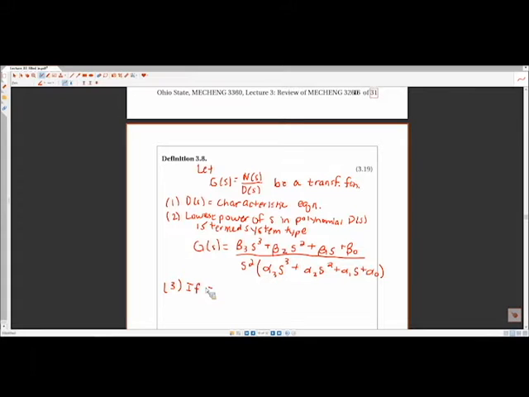So if the order of D of S is greater than the order of our polynomial N of S, we'll say the transfer function, I'm going to abbreviate that TF, is what we call strictly proper.